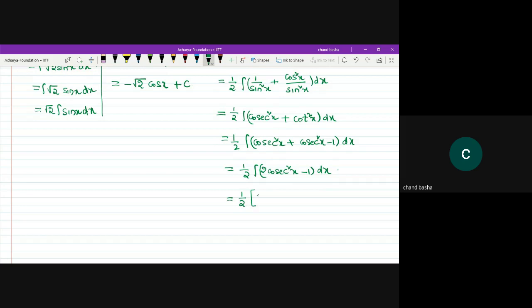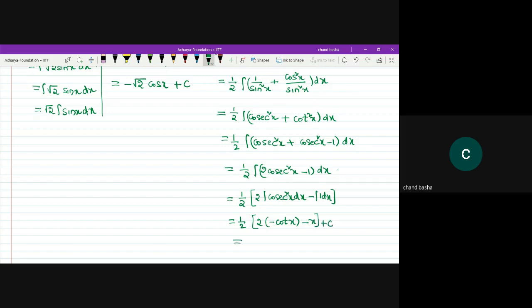So first I can take 2 outside, integral cosecant square x dx minus integral 1 dx is equal to 1 divided by 2, 2 is outside already. Integral cosecant square x means it is minus cot x minus x plus c.